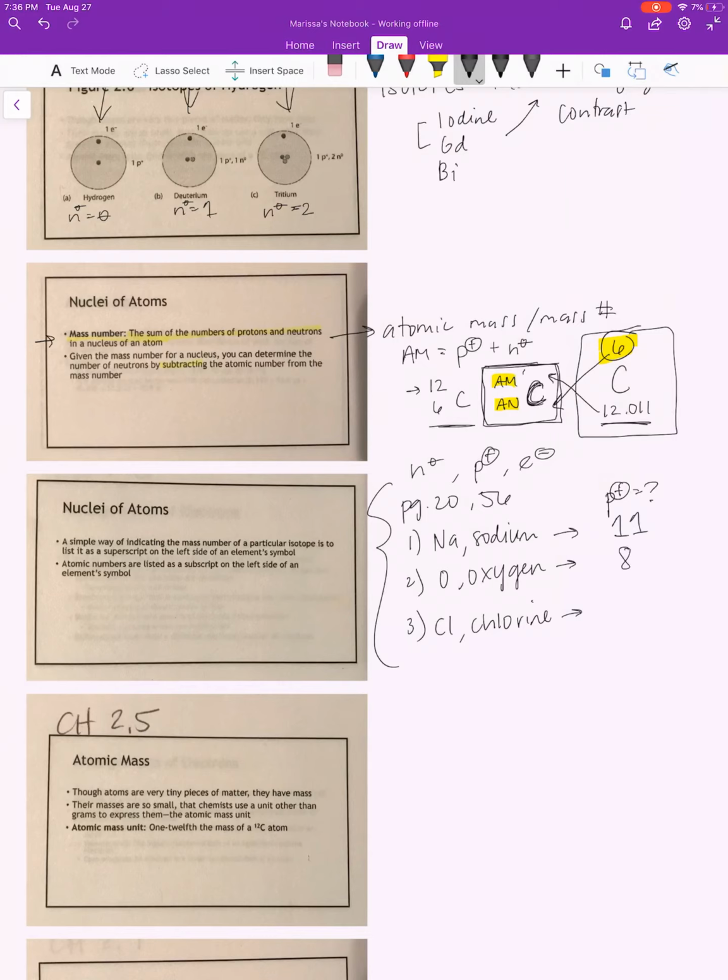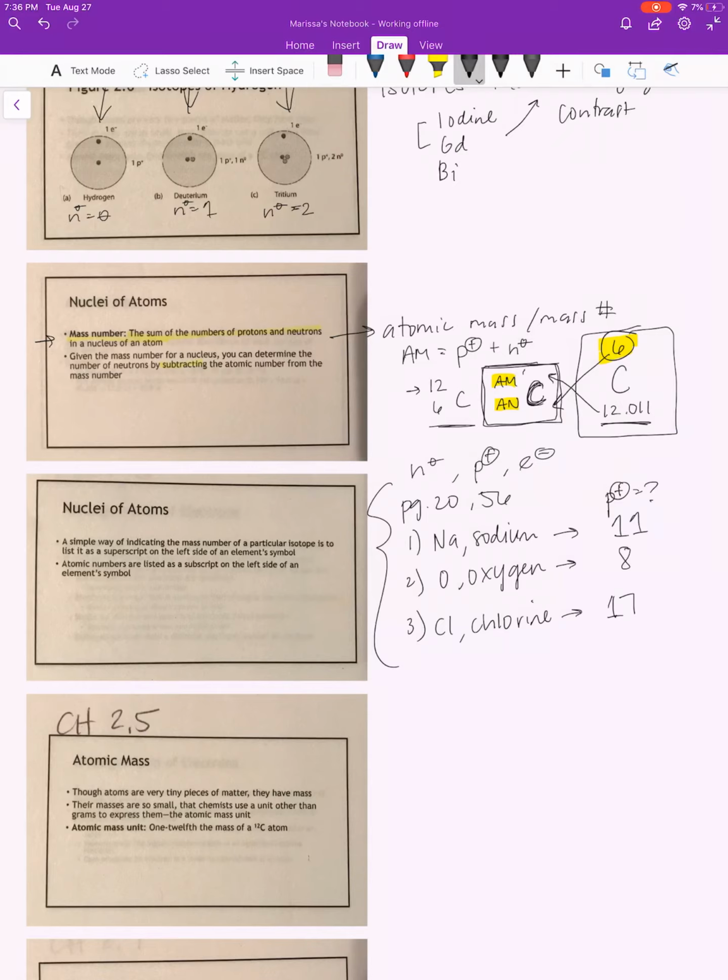Therefore, it has 8 protons. And chlorine is right catty corner from oxygen, and it's element number 17, so it means it has 17 protons. Okay, so hopefully that makes sense, and you're starting to understand how we can use the protons.